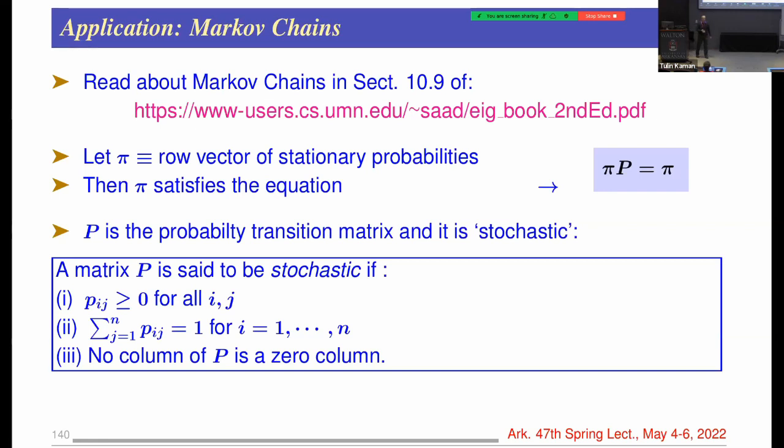Now, as an application of this, you can see Markov chains. There's a section you can take a look at in my old book on eigenvalue problems. If you have the lecture notes, the pointer here will take you to the site. I don't want to do it now. So P is a matrix of transition probabilities.